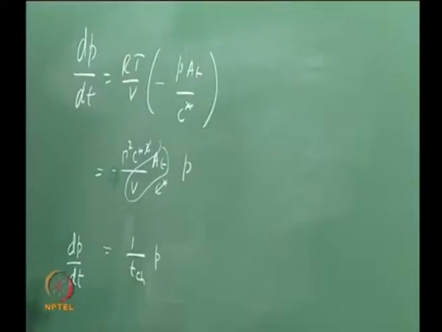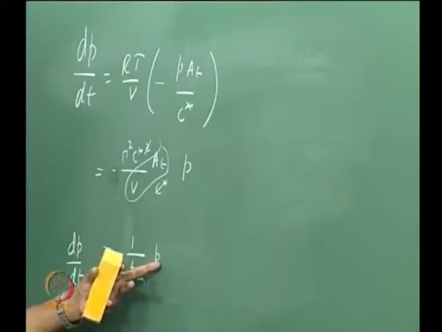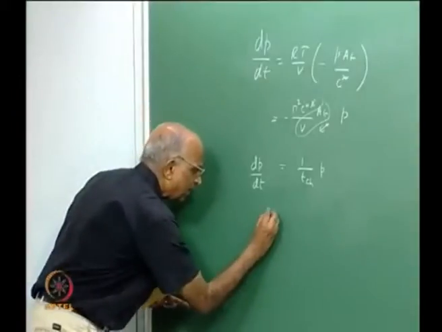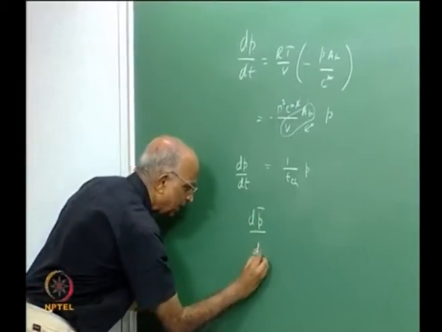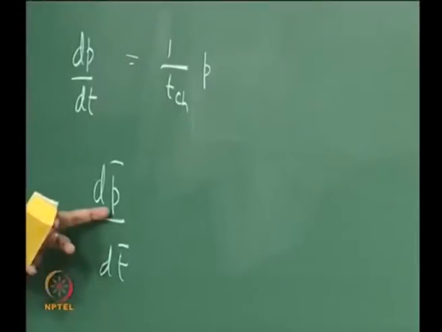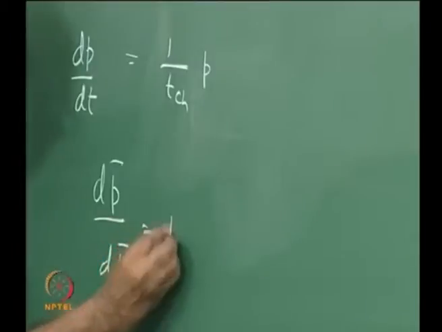And then if I divide the pressure on both sides by the equilibrium pressure, I can write it as dP bar and dt bar, that is non-dimensional pressure and non-dimensional time, equal to P bar.